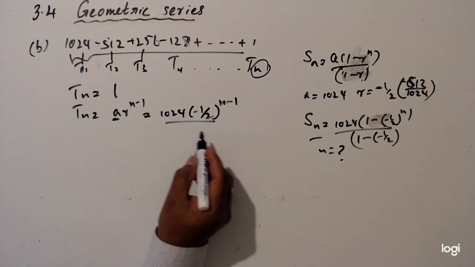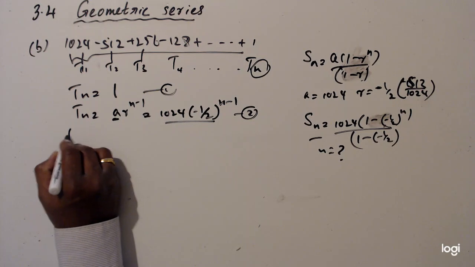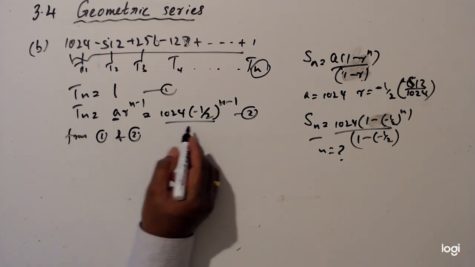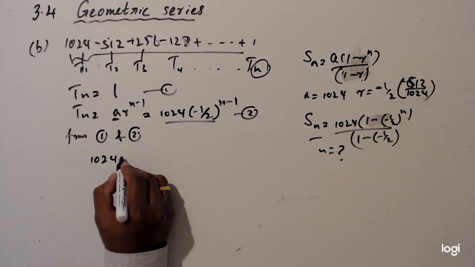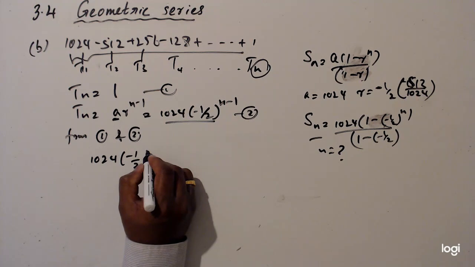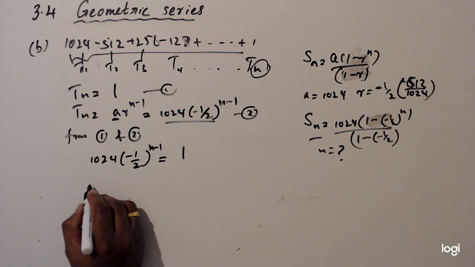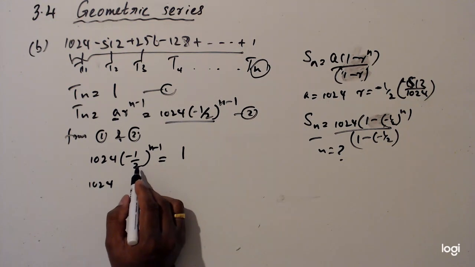Now from 1 and 2, 1024 times (minus half)^(n minus 1) equals 1.